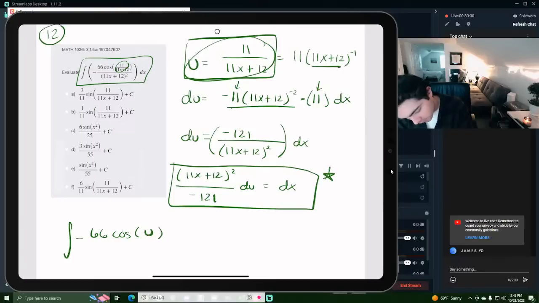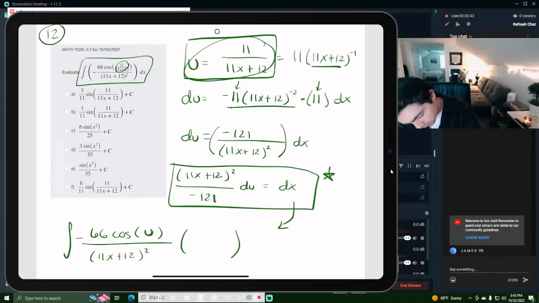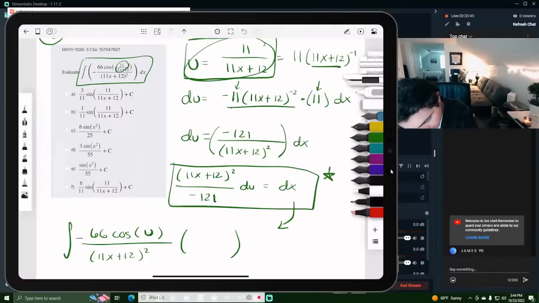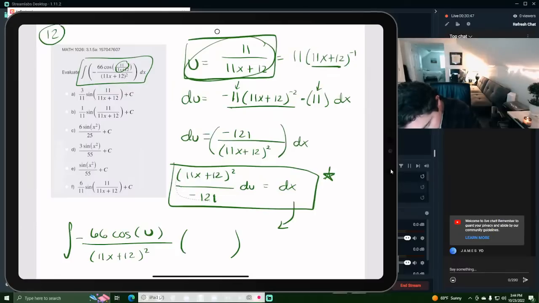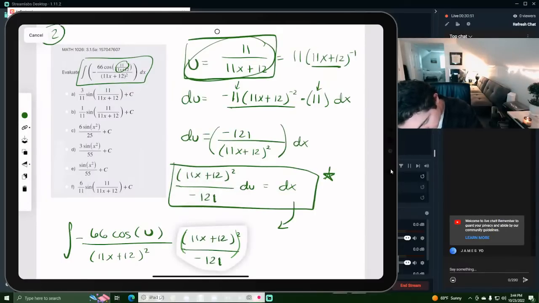We have on the bottom 11x plus 12 squared, and then dx is all of this stuff here. So we're going to have, let's see if I can just copy and paste that. I don't feel like writing that again. Not too bad. We also need the du, though.